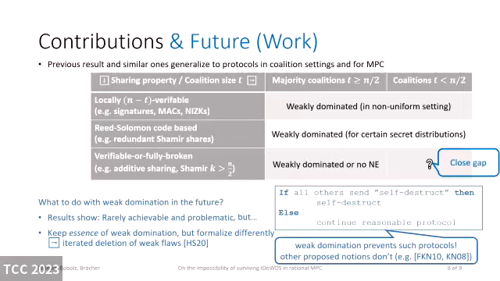Any questions before the break? I would say that the examples of weak domination in your case can be considered contrived in the sense that the parties deviate from the protocol.